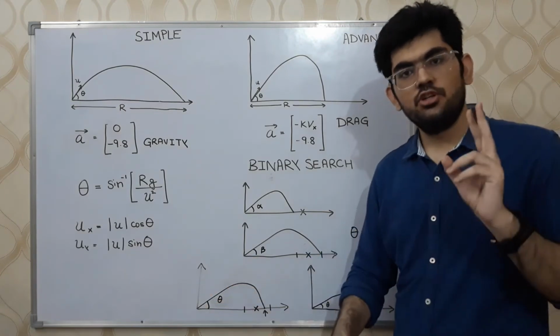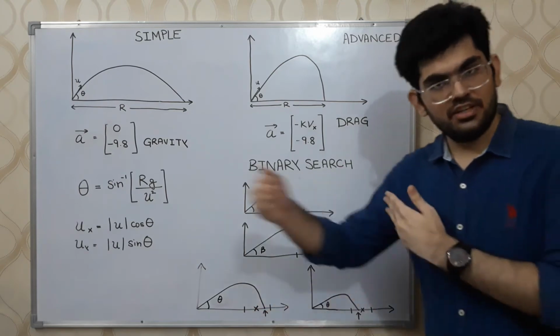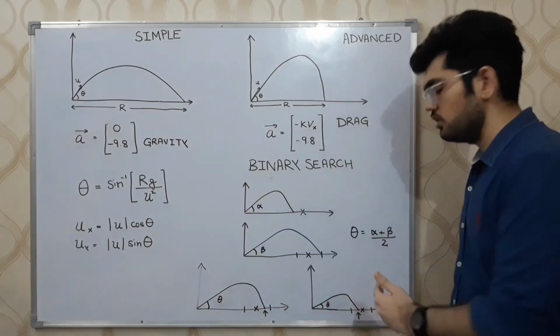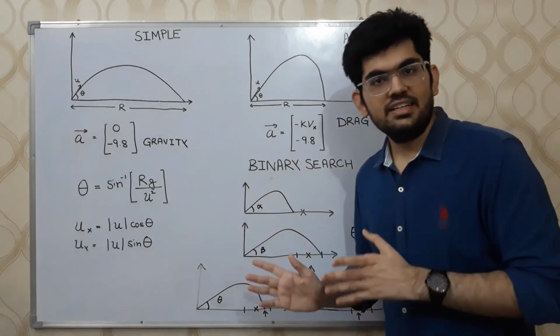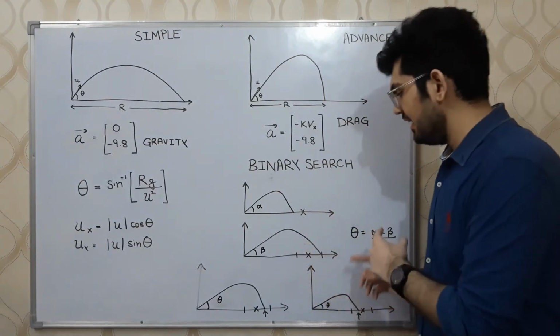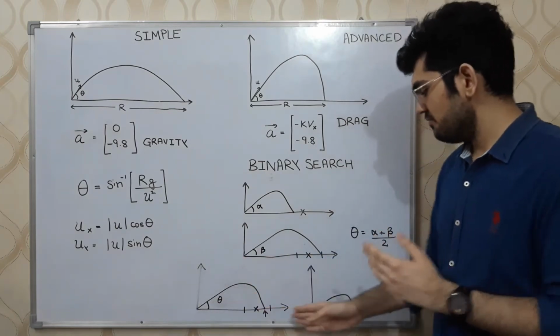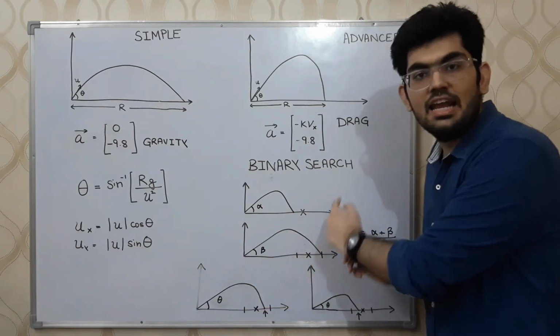Now we are going to have two scenarios, two cases. Either the projectile is going to drop after the target or it's going to drop before the target. Looking at the diagram, we can also say that since the angle theta is an average of alpha and beta, the projectile range is going to be somewhere between the ranges defined by alpha and beta.